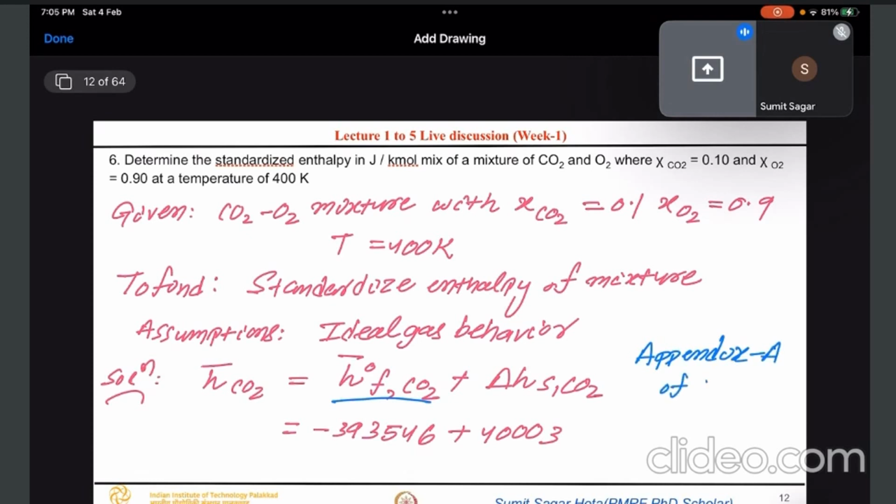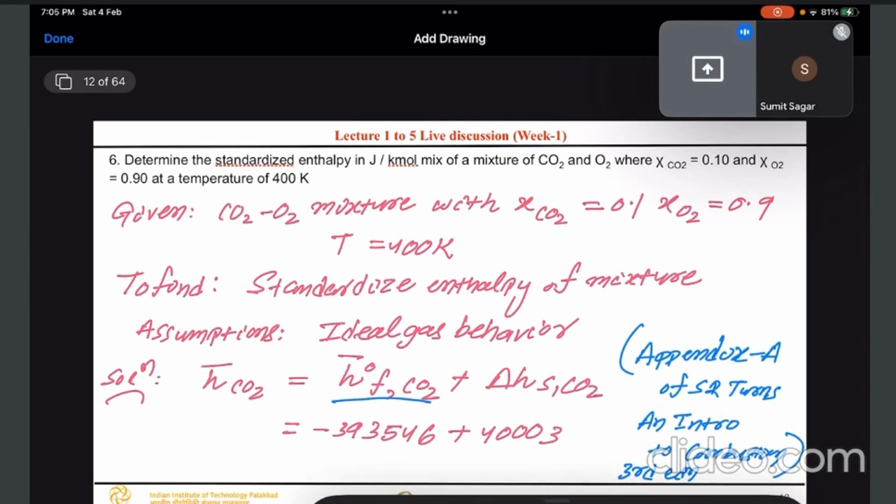Appendix A of the book. From now on, I won't write down the book name. If I write down the appendix, you should assume that this is from this book. If it is some different book, I will tell.